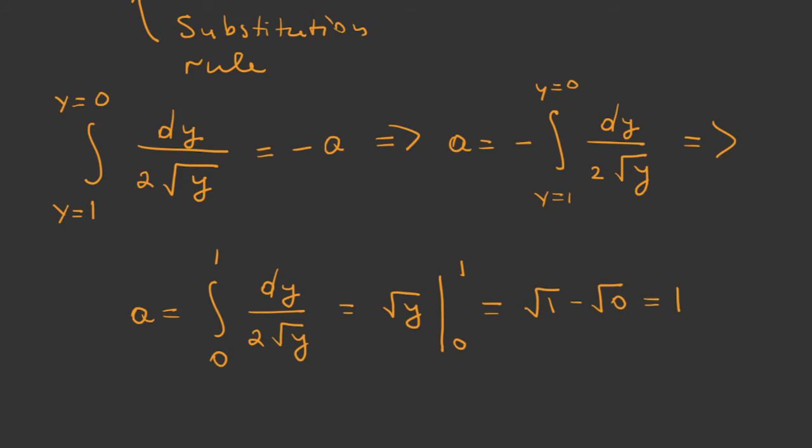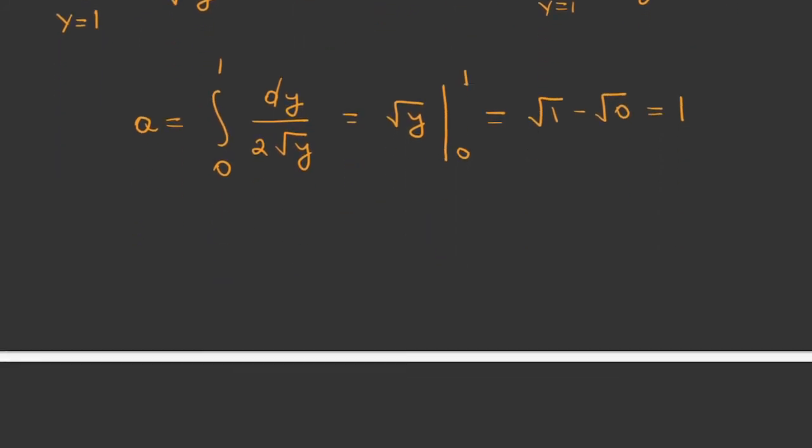Now, however, if we look at a different initial value problem for this same equation, we will see that it can have infinitely many solutions. So for instance, let's now look at the following initial value problem.